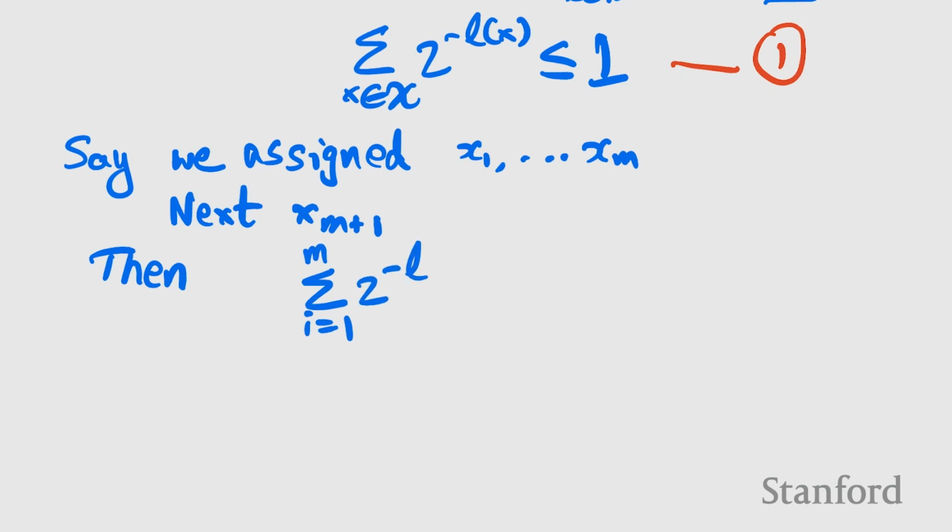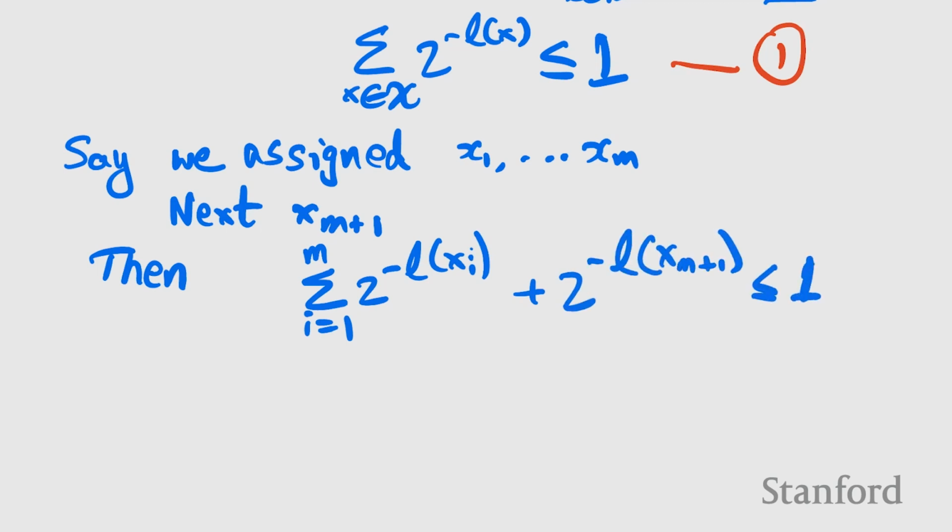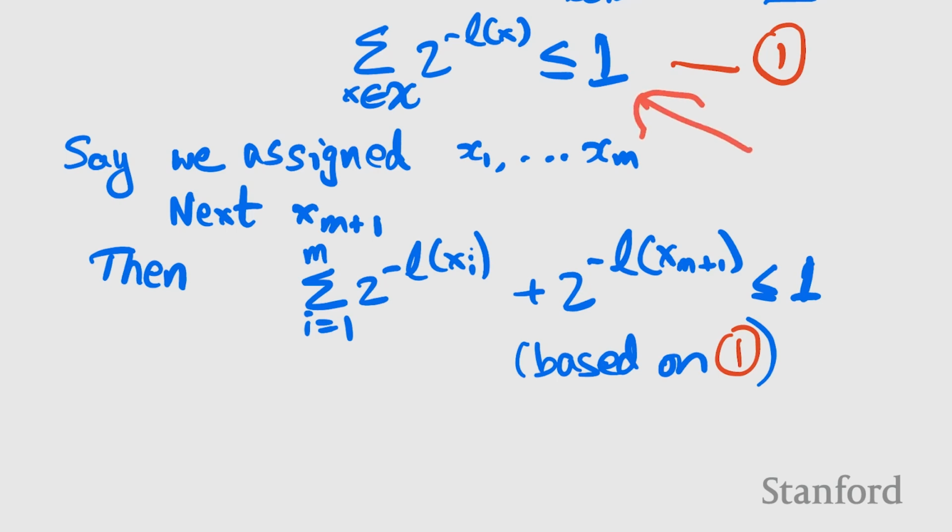So therefore, if you add from 1 to m and then you add the next one, this is clearly smaller than the total sum. So this will be less than 1. Right. So this is based on 1. Right, because this is a partial sum. This is only part of the total sum. This one was over all symbols in your alphabet. We are now just restricting to the first m plus 1 symbols.